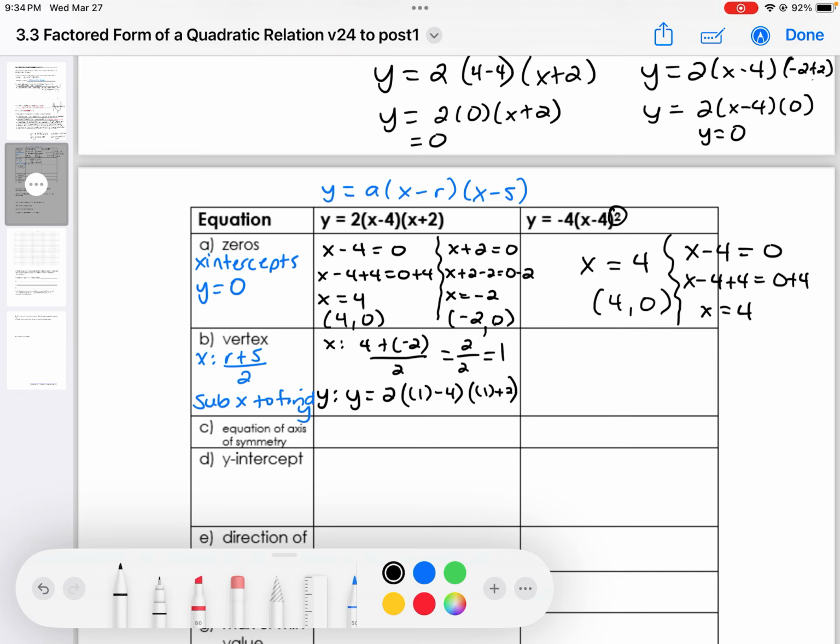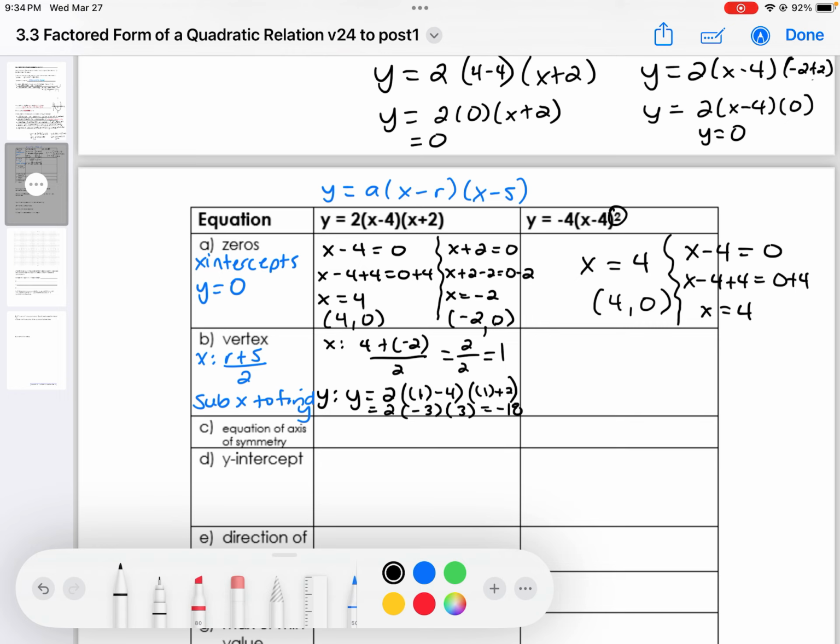So, I'm out of room. So we have 1 minus 4, which is negative 3. 1 plus 2 is positive 3. So that is positive 3 times negative 3 times positive 2 is negative 18.